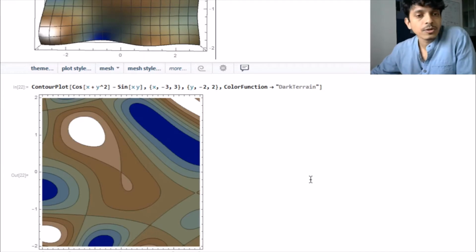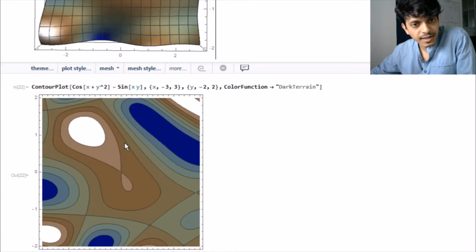Now, if you look at this contour plot, suppose I'm standing somewhere over here, at the point where my mouse is right now. Notice that if I go towards the right, then the function is decreasing, and if I go towards the left, then the function is increasing. That is shown by the color coding, because towards the blue is smaller and towards brown and white is higher.